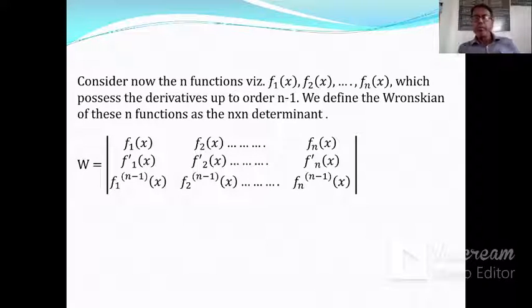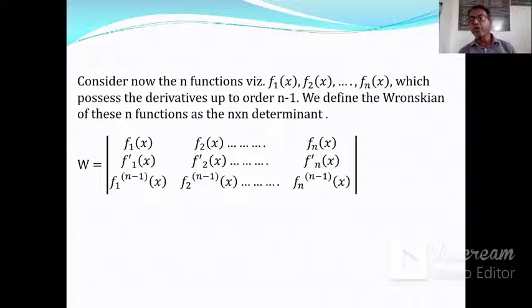If f1 of x, f2 of x, up to fn of x are n functions having derivatives up to order n minus 1, then the determinant with first row f1, f2, up to fn, second row f1 dash, f2 dash, up to fn dash, and nth row the n minus 1th derivatives of f1, f2, up to fn, is called the Wronskian.